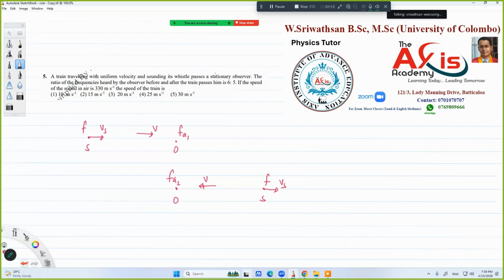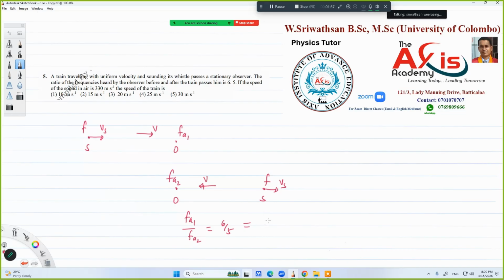The question is, if the ratio of apparent frequencies heard by the observer is 6/5, similar to the previous one, that means FA1 over FA2 is 6/5, then what is the speed of the train? You know the formula.